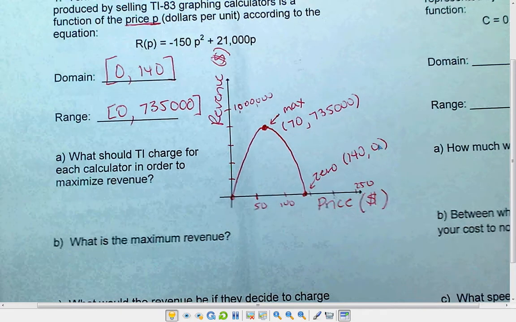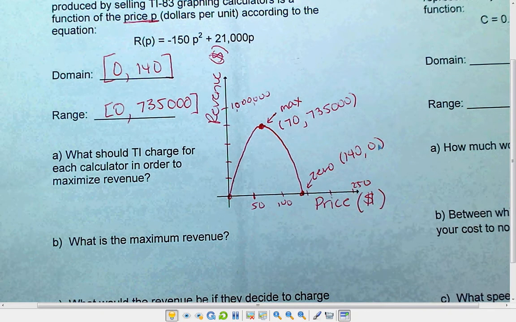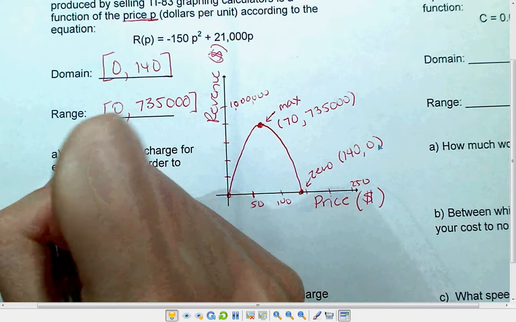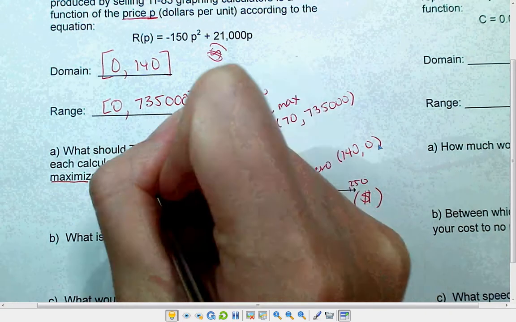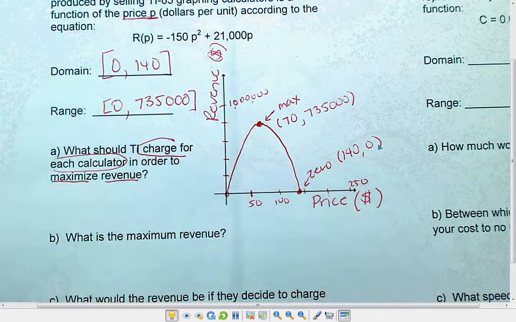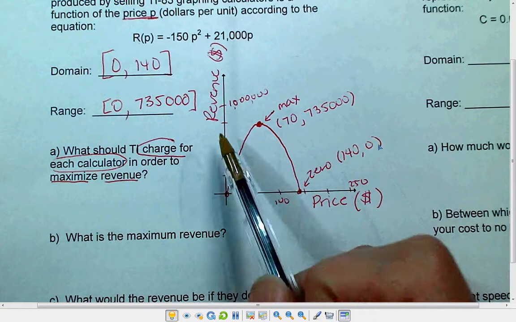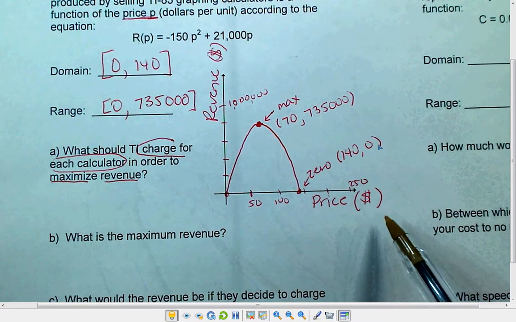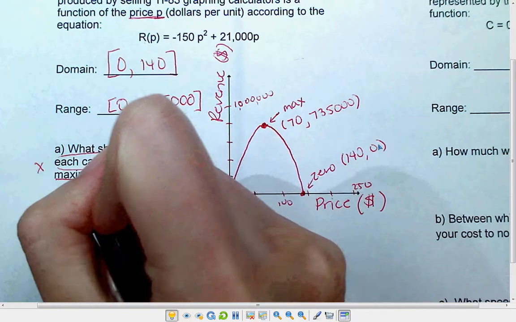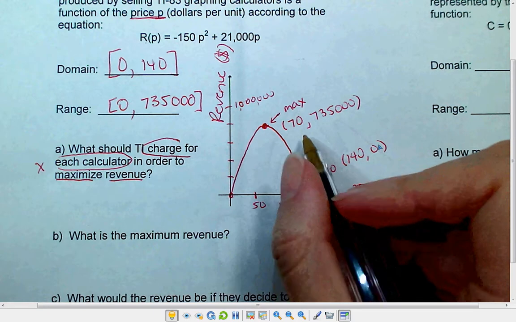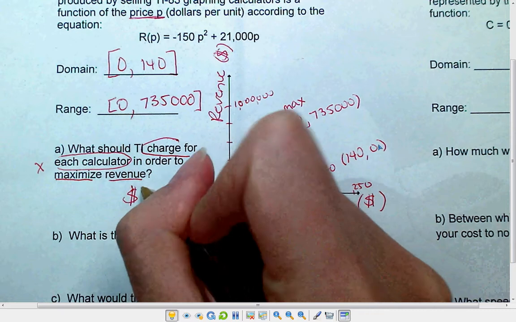Let's look at A. What should TI charge for each calculator in order to maximize the revenue? So we're looking for the maximum, and they're asking you what should we be charging for each calculator. So is that our x or our y? Charging for each calculator is the price of each calculator, so they're asking us for our x value. And so the x value of our maximum is $70.